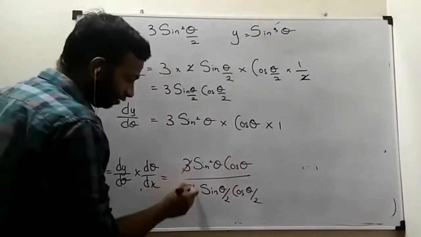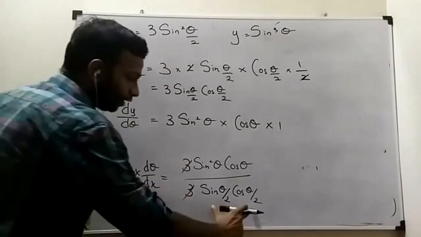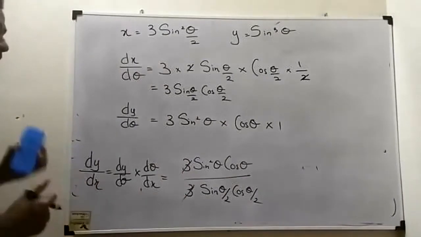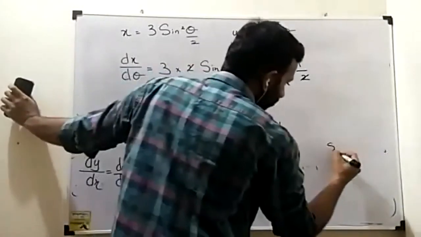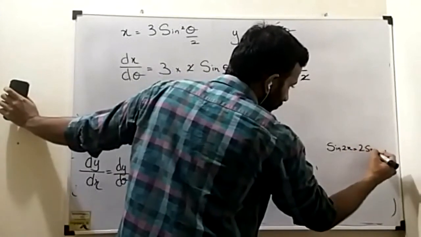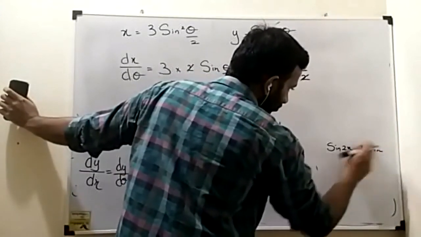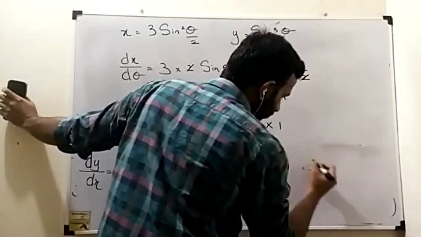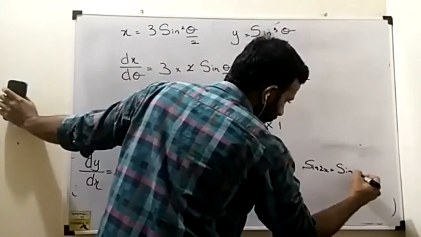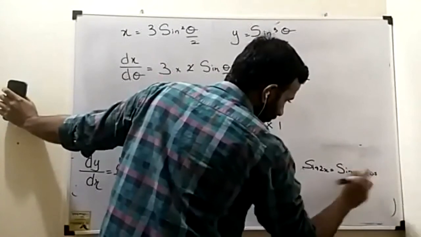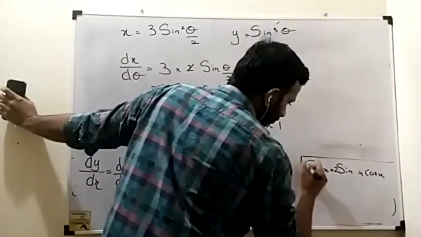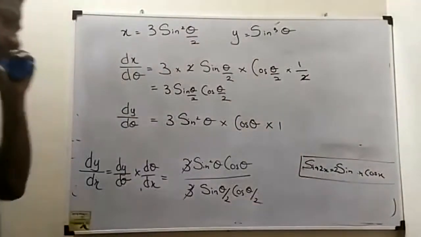So 3 and 3 you can cancel out, leaving sine theta by 2 cos theta by 2. What formula do you remember that we can use to simplify this? Sine 2x can be written as 2 sine x cos x.